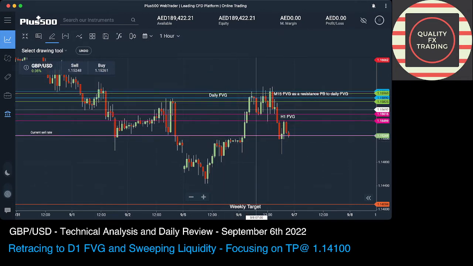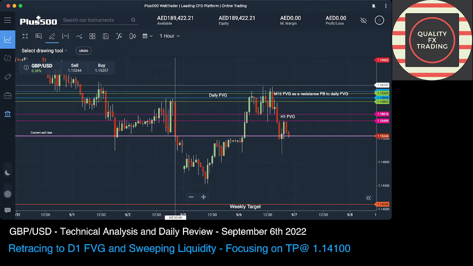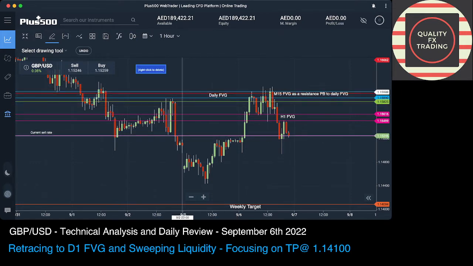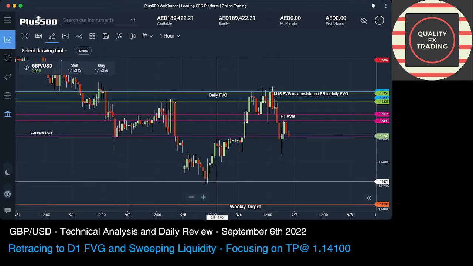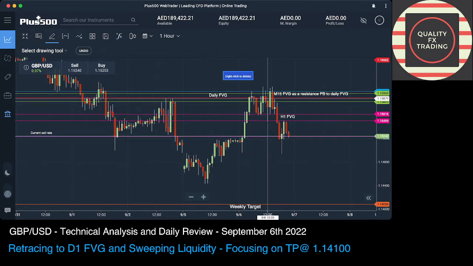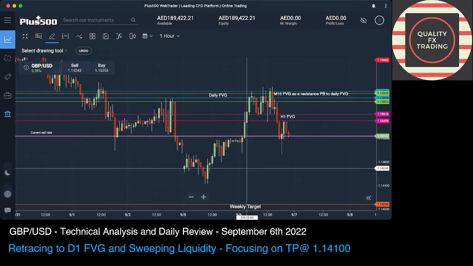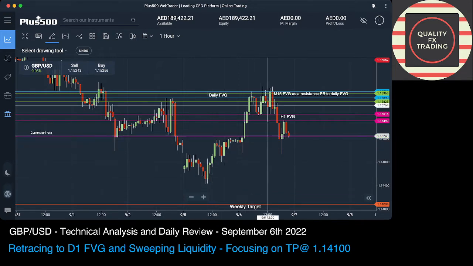It went up for a reason, to reach this daily fair value gap and to take the stop losses above this high. Also, please pay attention here, this move was a manipulation for the weekly chart. For this week, this was the manipulation push to the upside.